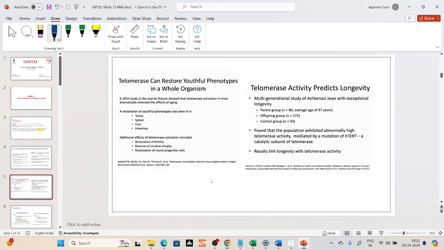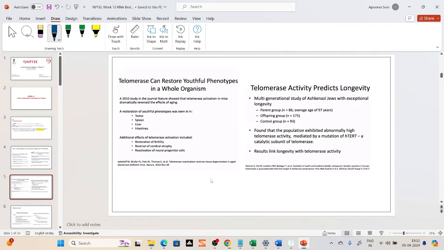Okay, we all age. And when I talk about aging, it's not about looking youthful, it's not about looking young and pretty, it's also about the proper functioning and working of your organs. So telomerase cannot only make you feel young by reducing the wrinkles and everything on your face, but it can also, up to a certain extent, restore the function of certain organs of our body.